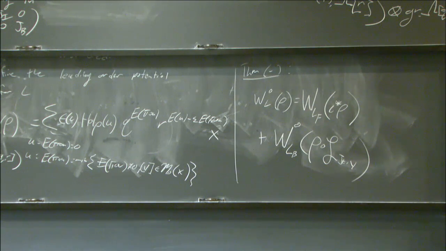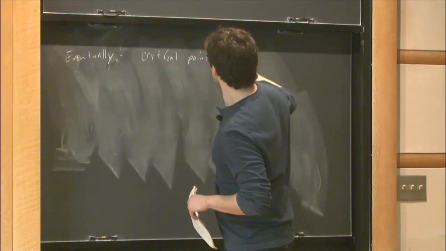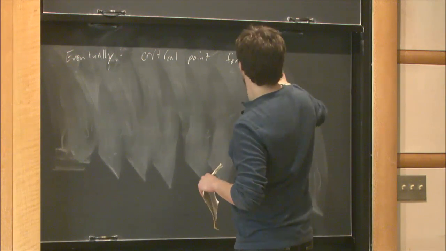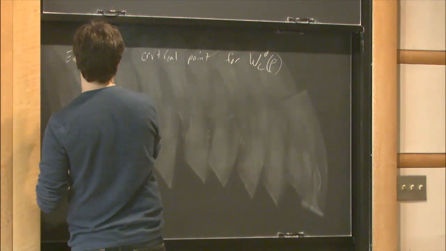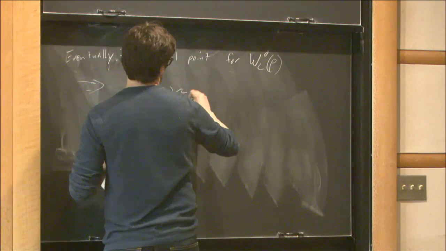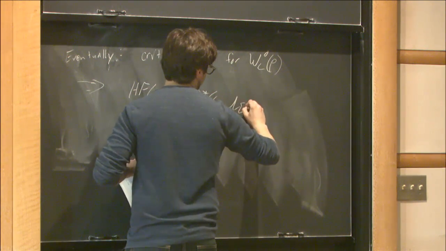Okay, so first I'm going to say something about the eventual hope. Eventually, a critical point for L, or critical point for W rho L implies that the Floer cohomology is isomorphic to the usual with Novikov coefficients.